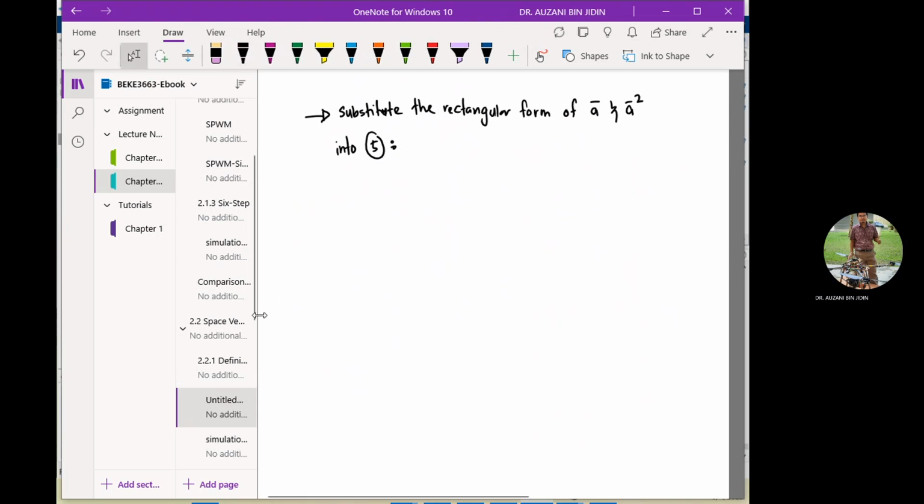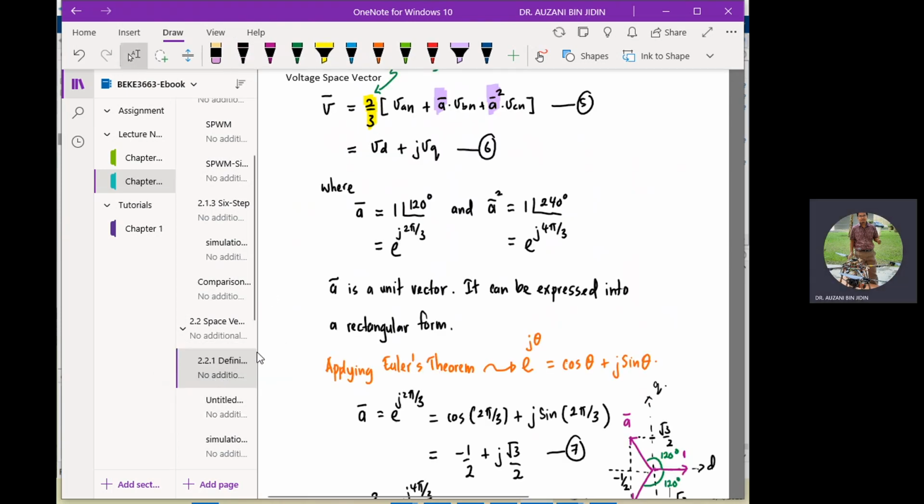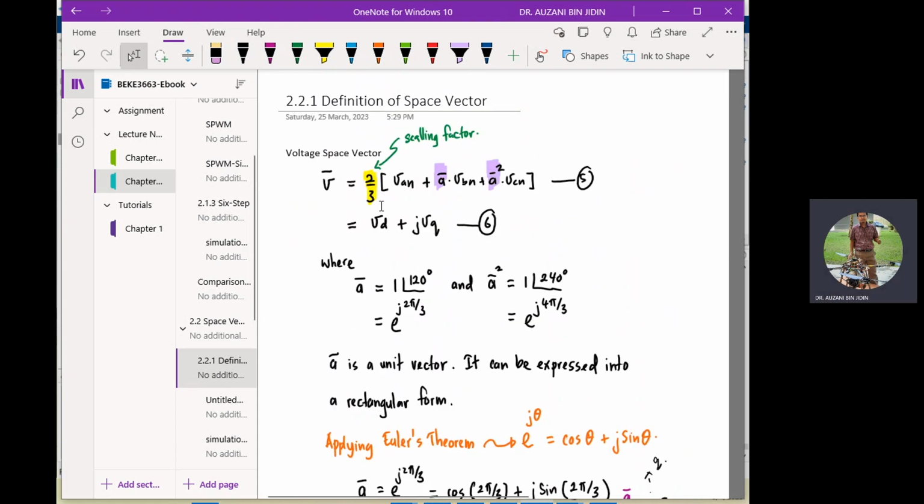Okay. So where is the equation number 5 here? Okay. The original equation 5. Okay, so you apply this equation, then you substitute A. Okay. In terms of you write into rectangular form into this equation.